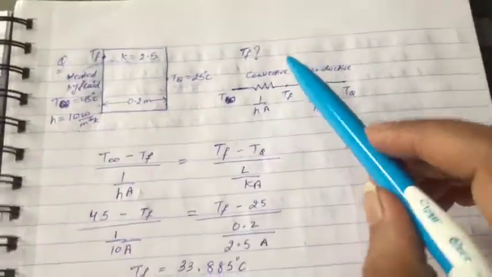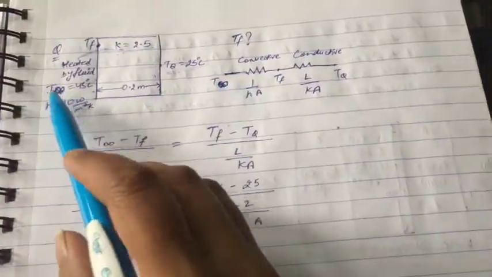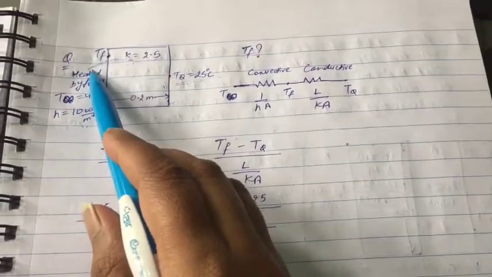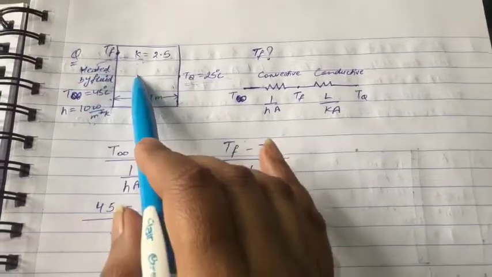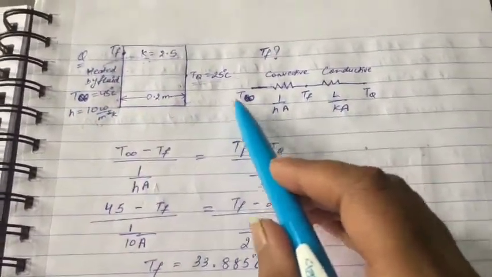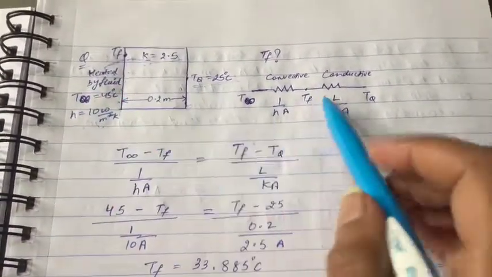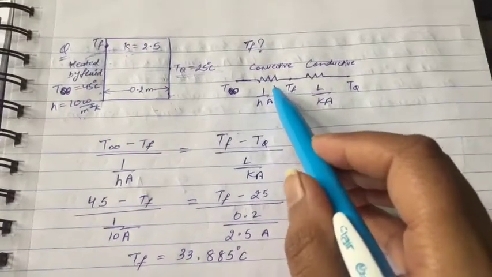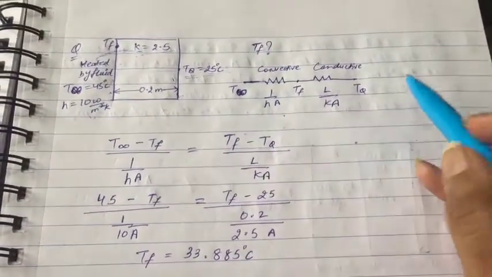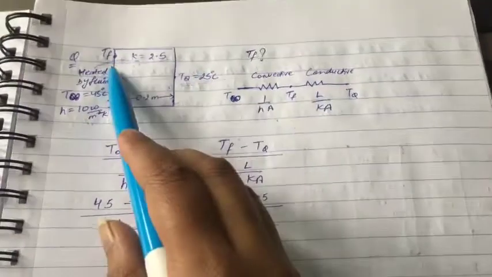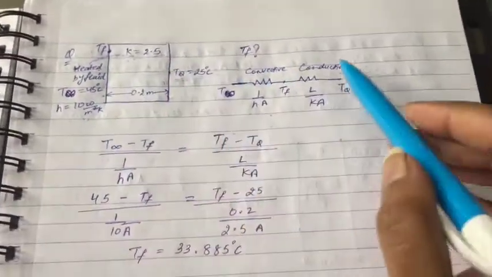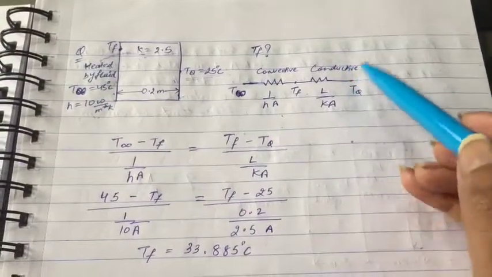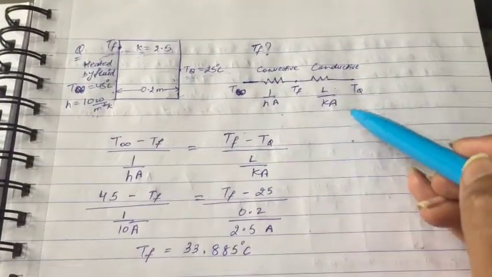So making a network diagram for this, for convection from the outside fluid to the surface, from T infinity to Tf, the resistance is 1 by hA, the convective resistance. Then from Tf to the other surface, conduction is taking place through the slab, so the conductive resistance is L by kA.